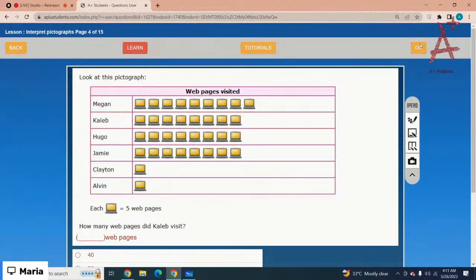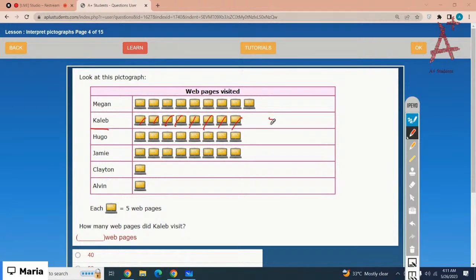Okay, look at the pictograph. Each computer equals five web pages. So how many web pages did Caleb visit? Here is Caleb. You can see one, two, three, four, five, six, seven, eight.